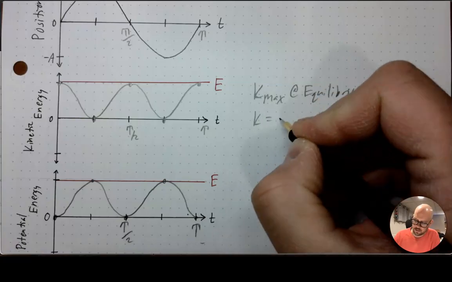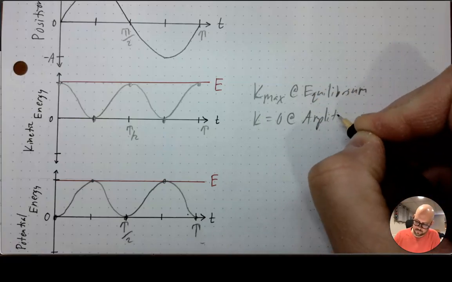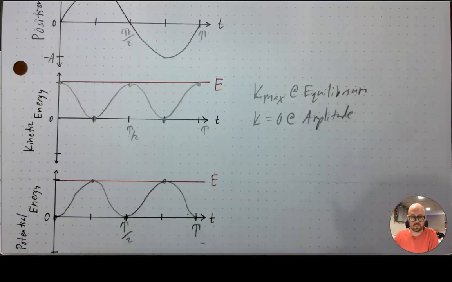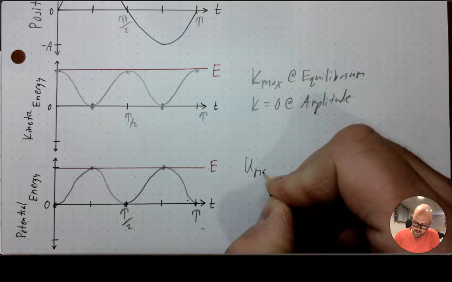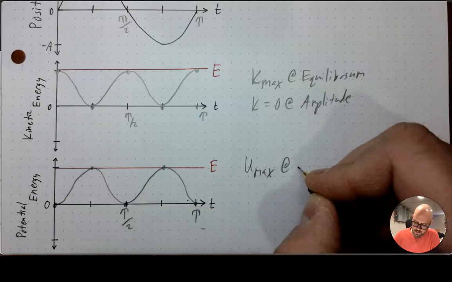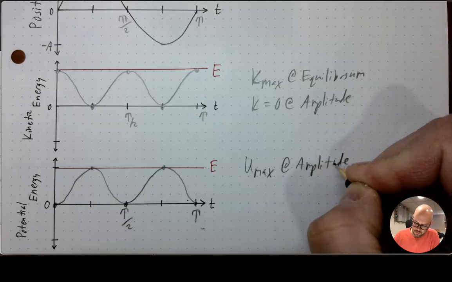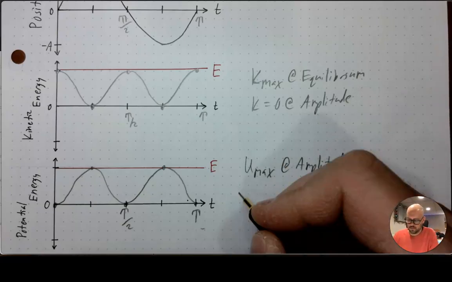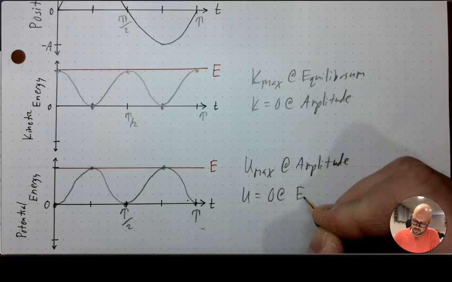And then kinetic energy equals 0 at the amplitude. For potential energy, it is the reverse. The maximum potential energy is going to be at the amplitude. And then potential energy is 0 at equilibrium.